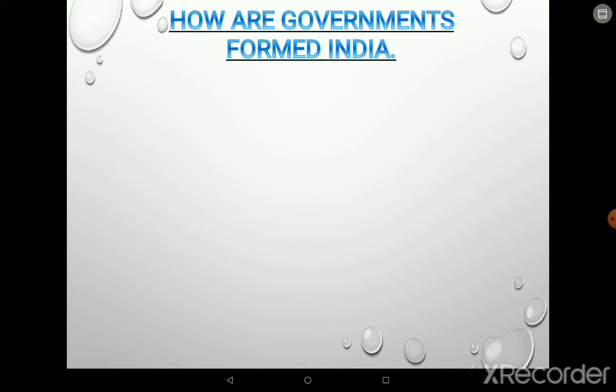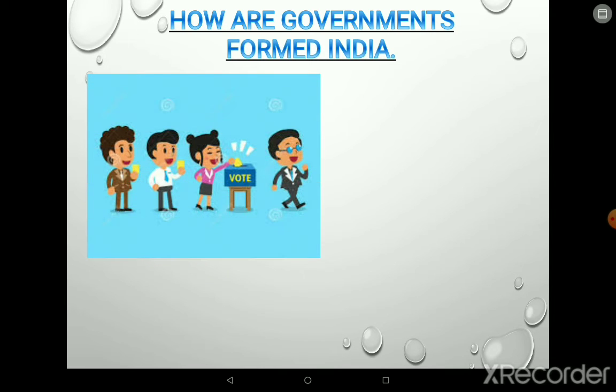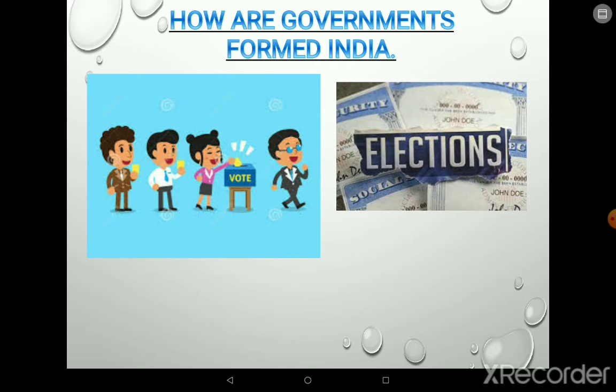Let's see how the governments in India are formed. Everyone knows, or we have learned in our previous session, that India is a democracy. The citizens of India elect the government by voting during the elections, and different political parties contest an election. And India has a multi-party system.